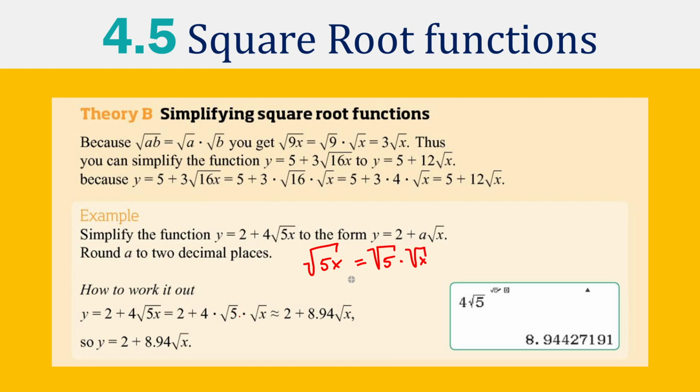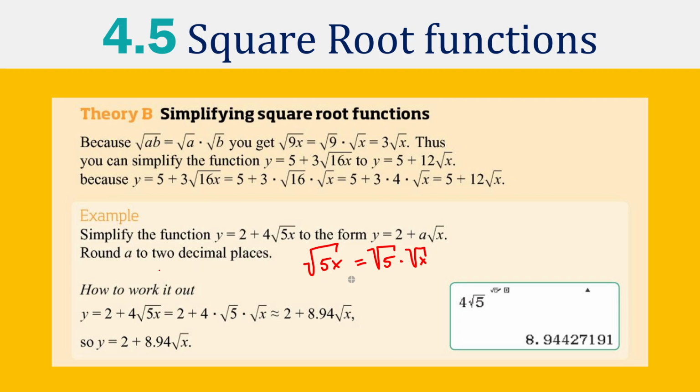That's what it did right here. And then the 2 plus 4 is still there. And this you can put in your calculator. That's what they want you to do now, and write two decimal places. The root of 5 times 4 is approximately 8.94. So my answer is going to be 2 plus 8.94 root x.